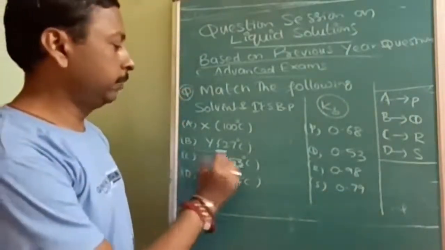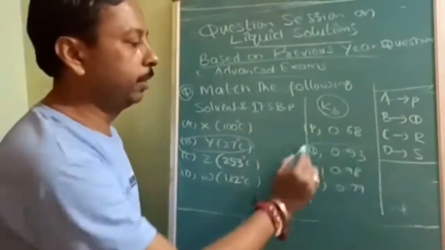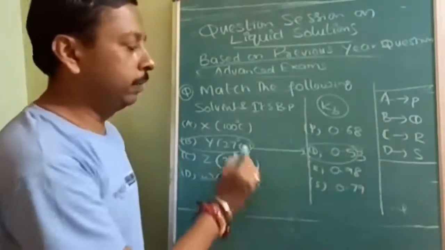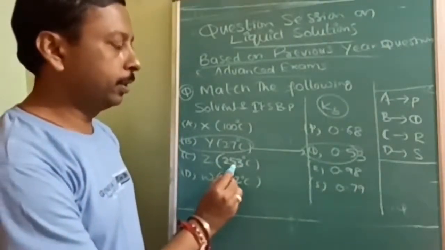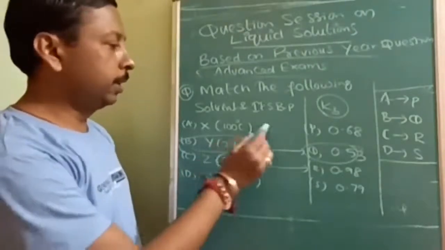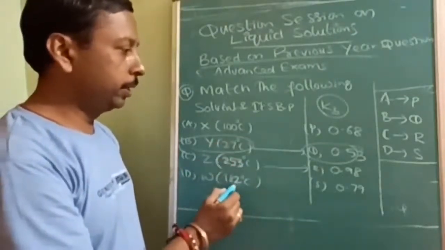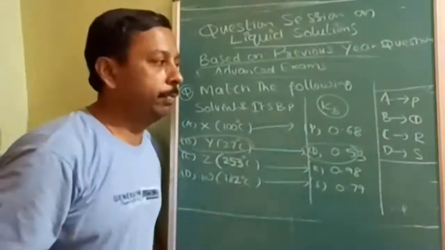See, the lowest is Y, and the lowest value corresponding to it is 0.53. Likewise, you have to arrange. Highest boiling point is 253, so C will be R. And the lowest boiling point is 182. Second highest will be this one, so AP, BQ, CR, DS.